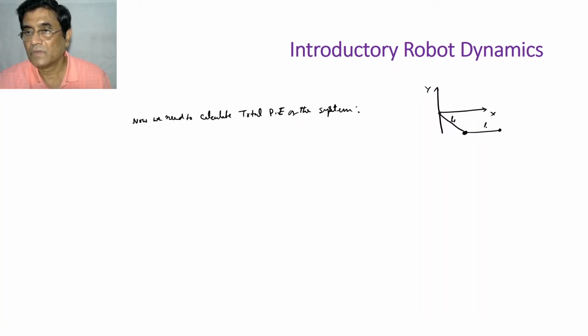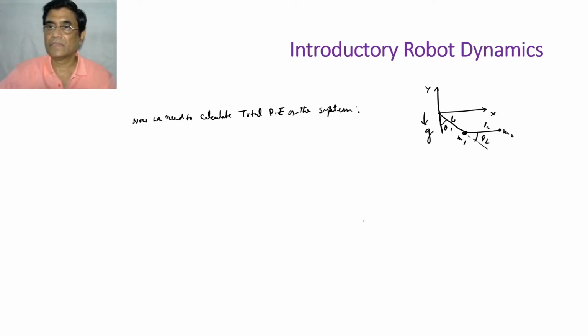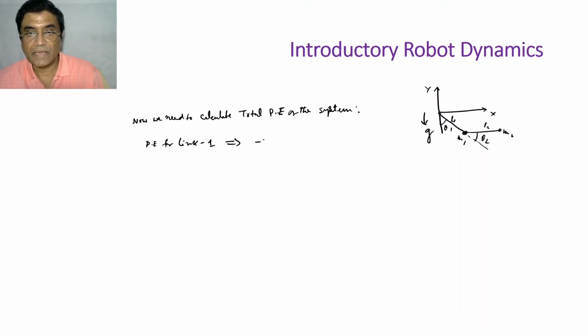So this is L1, L2, this is theta 2, this is theta 1, and this is M1, M2. And this is gravity. So gravitational force is acting in the negative z direction. So potential energy for link 1, what will it be? Minus M1 G L1 cos theta 1, isn't it?